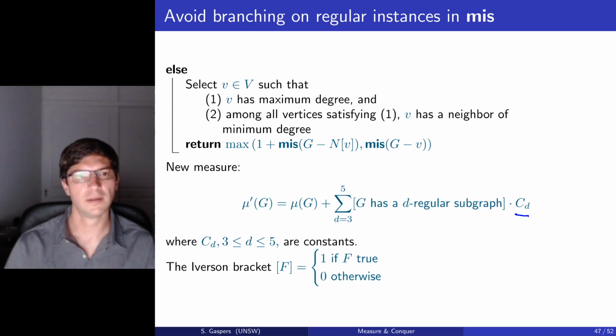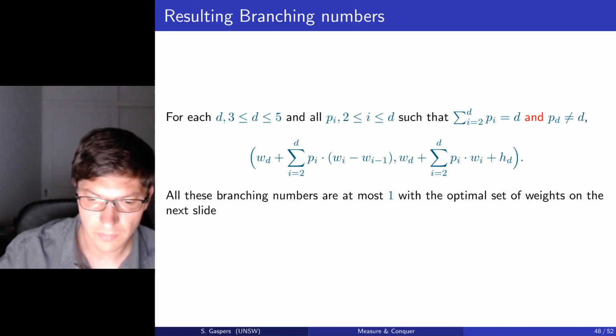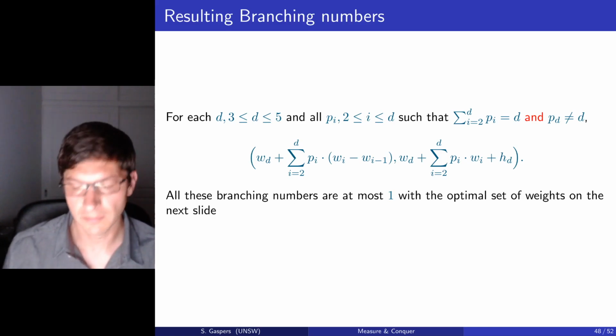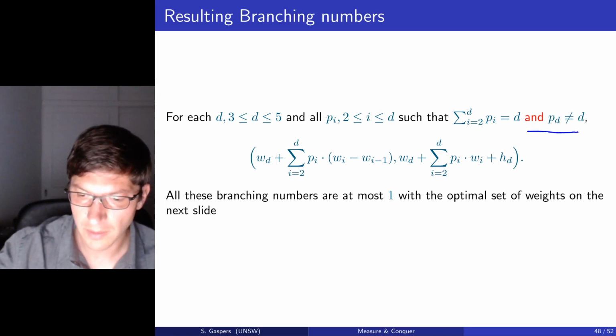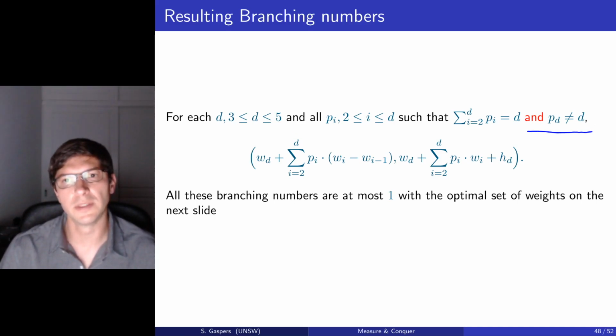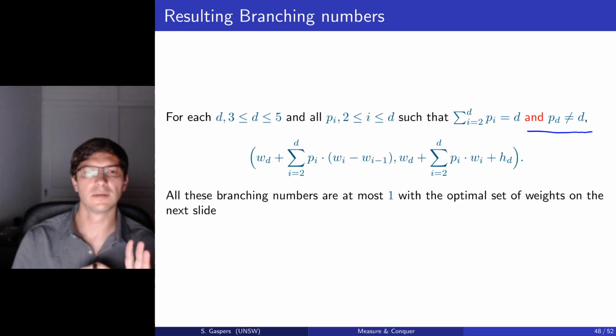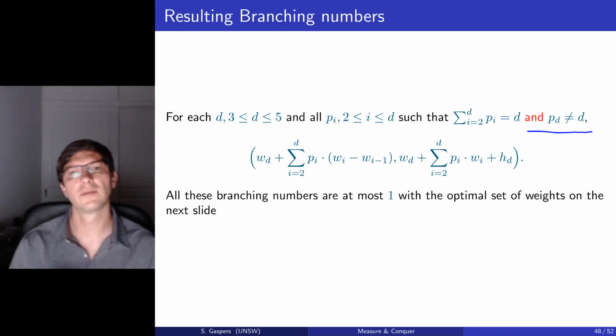They are some large constants, and in this way, what we can do now is I get rid of some of my constraints. So now I can say that my vertex V has degree D, and the number of vertices of degree D is not equal to D. So I restricted my constraints, so I removed some constraints from my program here.